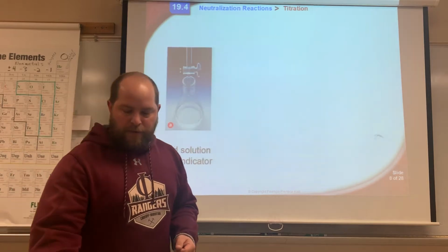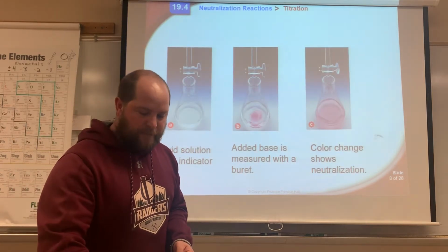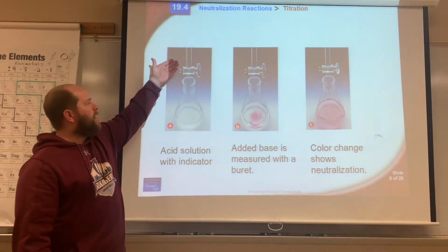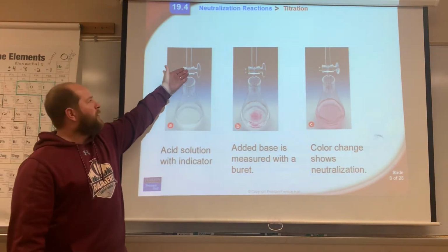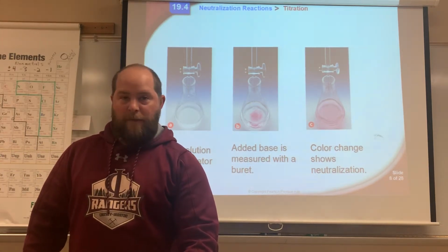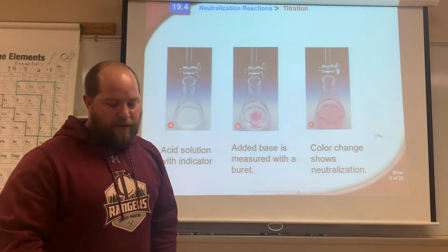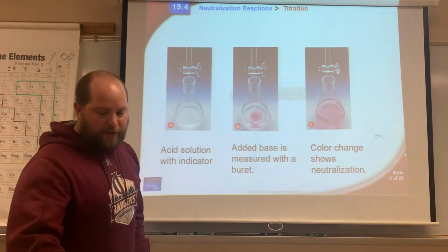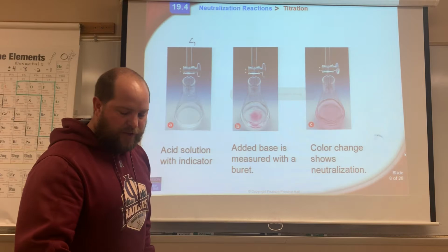So what we could do is we could label this again. I'll let you think about it. Which one is the standard solution according to what I was telling you in the previous example? Hopefully you guys are all answering that this one is going to be the standard solution, right?